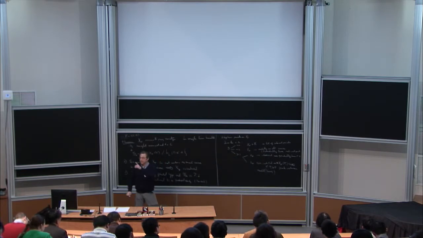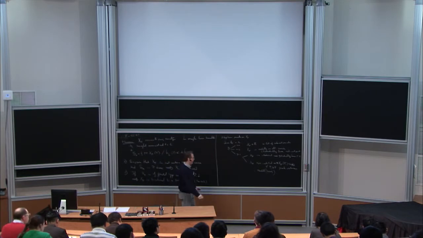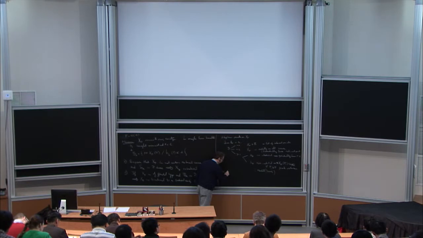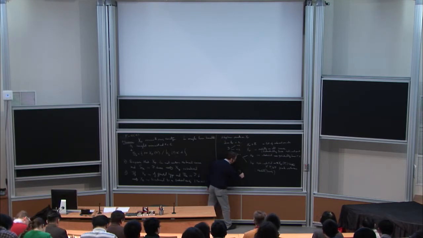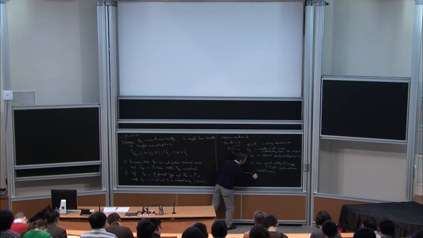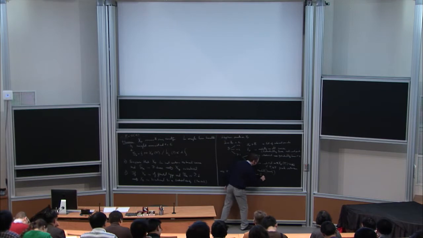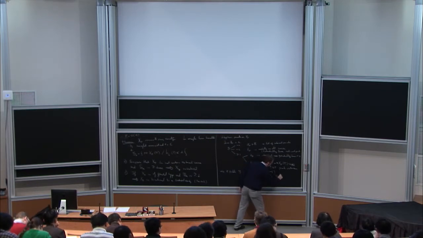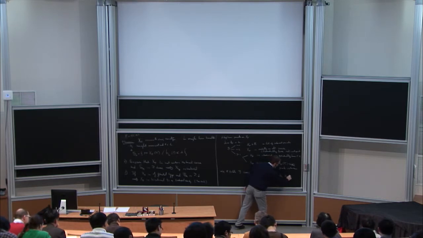So let's come to your question. Over a number field, there exist curves of genus 0, X_F, with X_F(F) equal to the empty set.